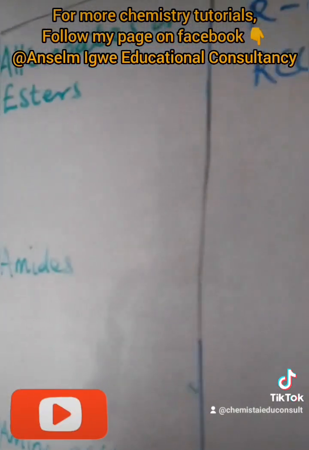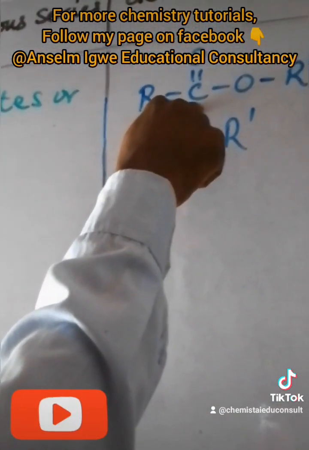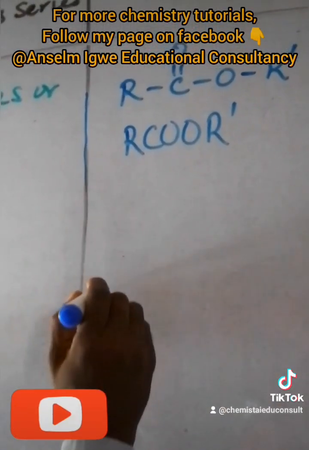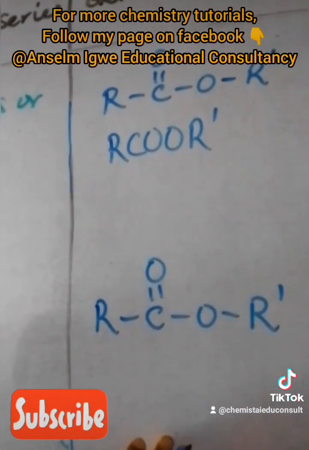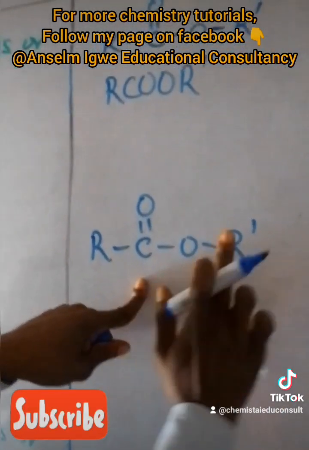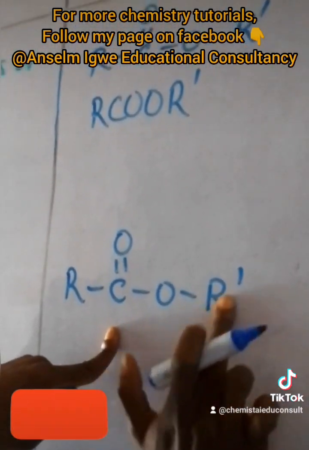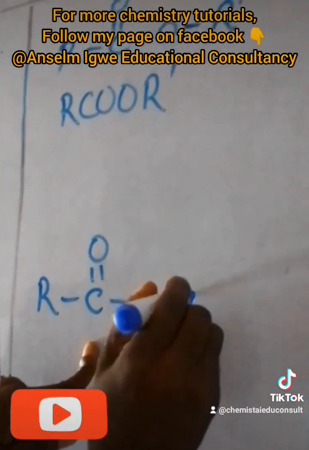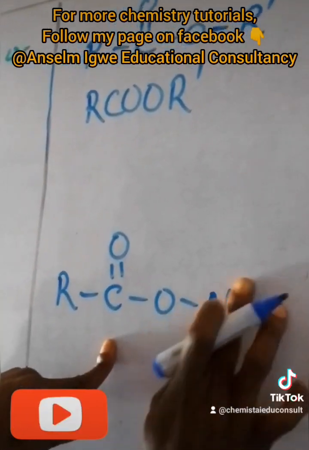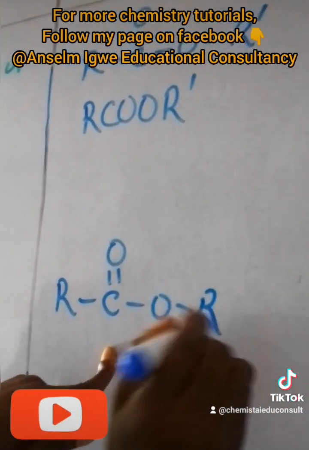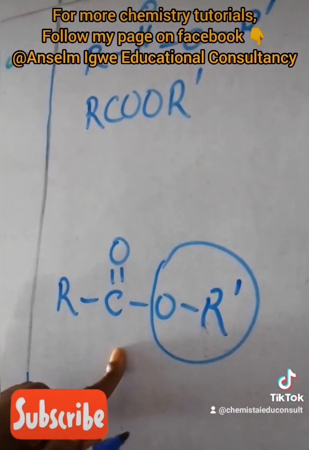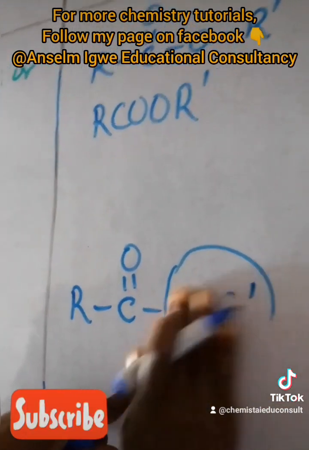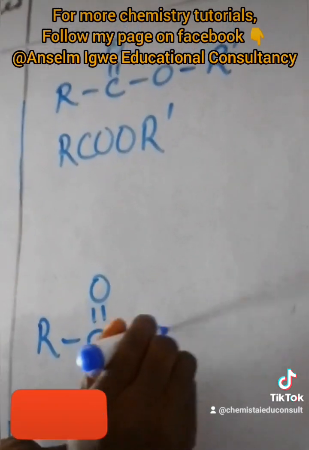Okay, let's move to amide. An amide is somehow gotten from an ester. This is the general formula for an ester. But for this to be an amide, the OR prime entirely will be replaced with NH2.